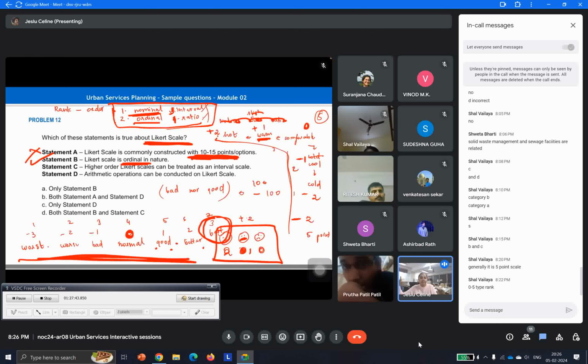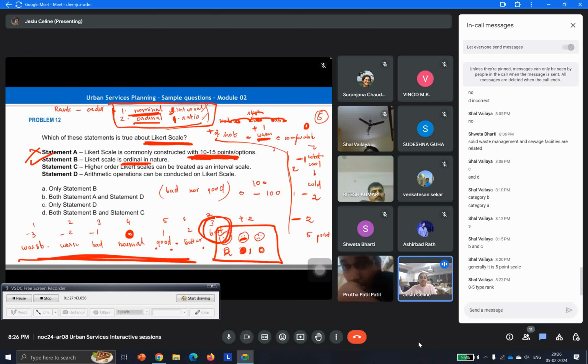Like, how satisfied are you? I am 80% satisfied, Pruta says 82% satisfied, and Ritesh says 85% satisfied, which means it's the same thing: overall you're satisfied. So if it's a higher order, it can be considered an interval. For a satisfaction level of 80 to 90, I can say the person is satisfied with that facility or environment. So statement C is also correct.